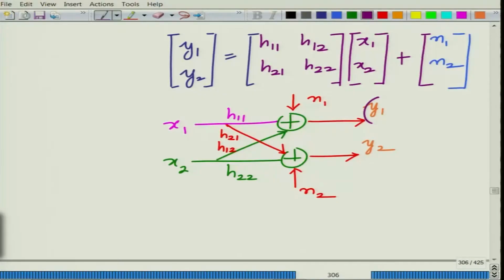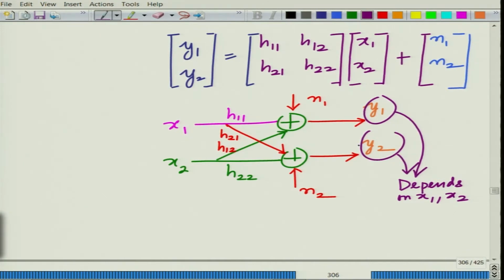And therefore, if you look at this, you can see clearly that y1 depends both on x1 and x2. Similarly, y2 depends both on x1 and x2. So, there is a sort of coupling between these two systems, right. So, there is interference. Both y1 and y2 depend on x1 and x2. If you look at these arrows, this denotes what we call the coupling.